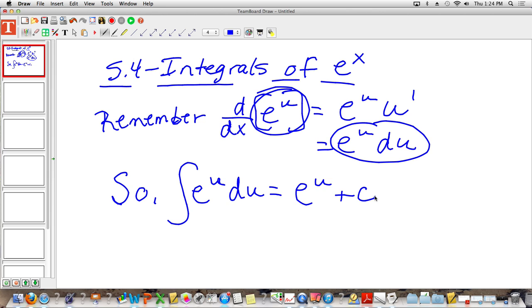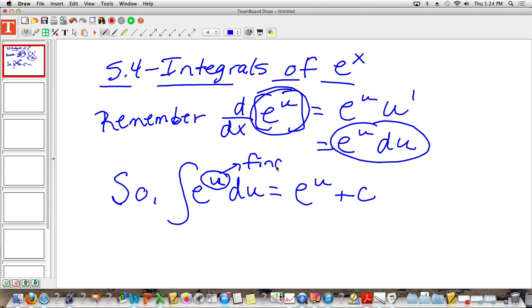So what we're going to do today, the goal here, and it doesn't always work like this, just as it didn't always work like this when we were finding the integrals of natural logs, is focus on finding the derivative of the power. So I would circle the power.